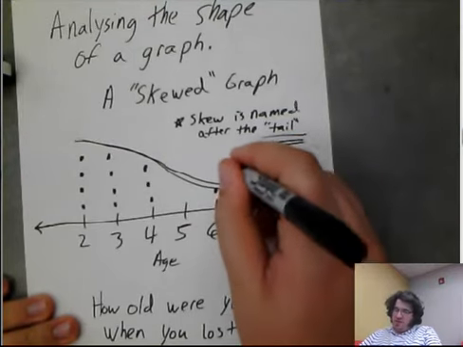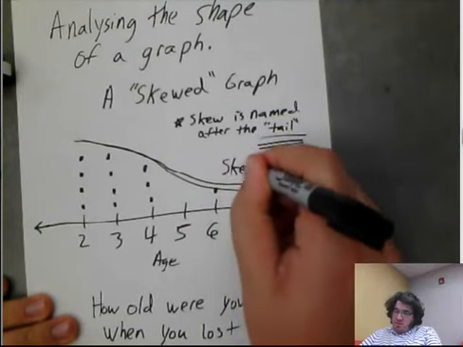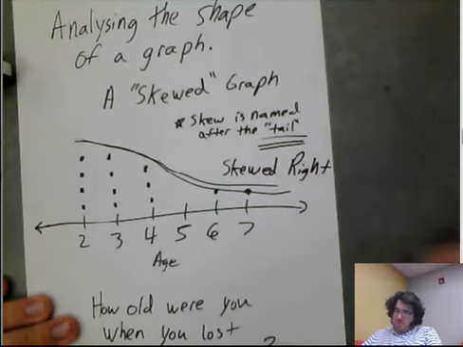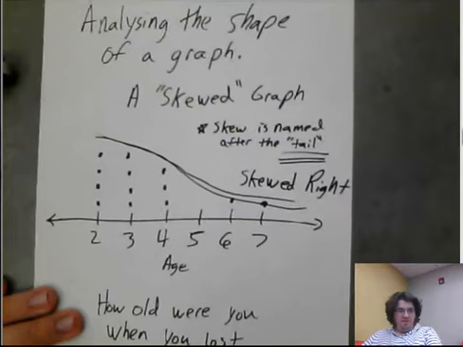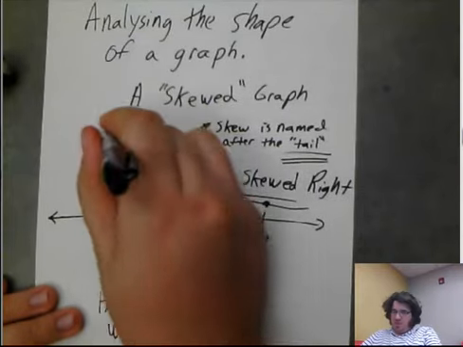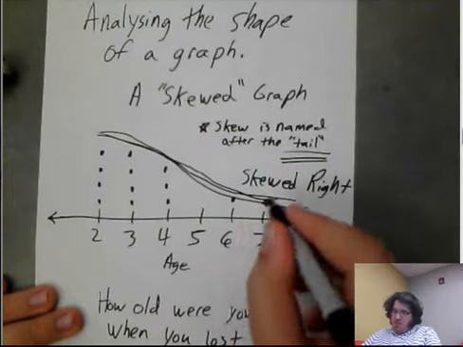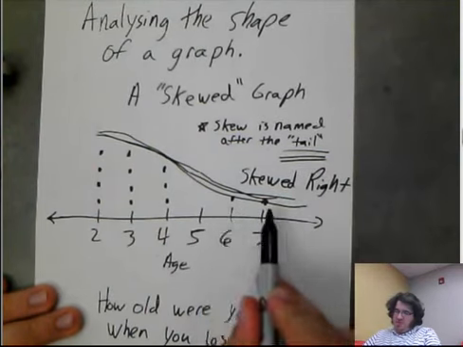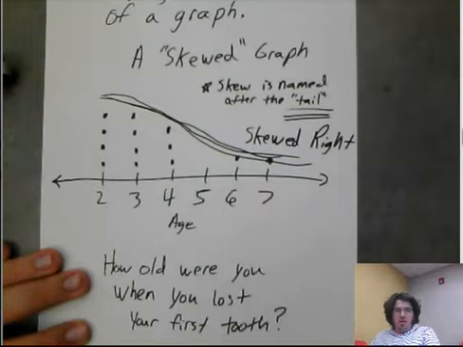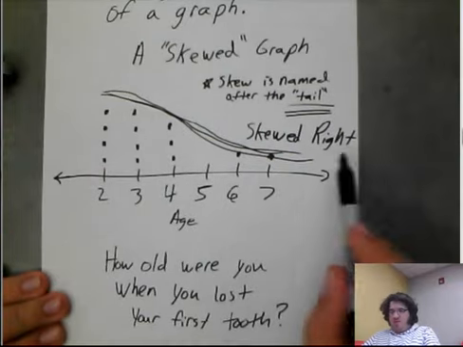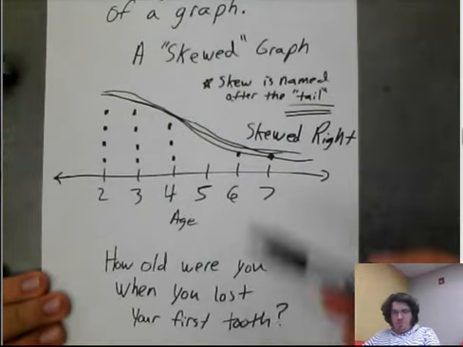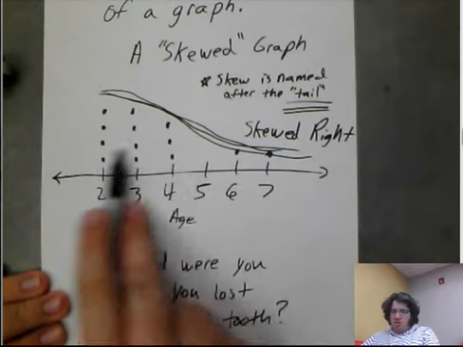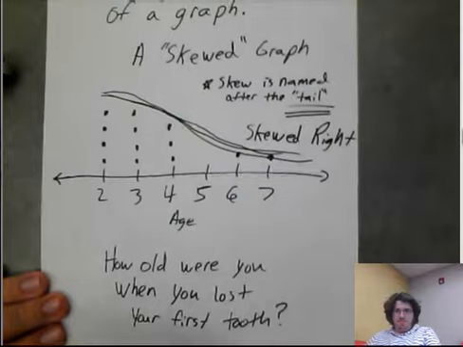So this would be a skewed right data graph, because the skew is down here. These two data points at 6 and 7 are skewing my graph in that direction. Those two kids lost their teeth later, and it's skewing the rest of my data.